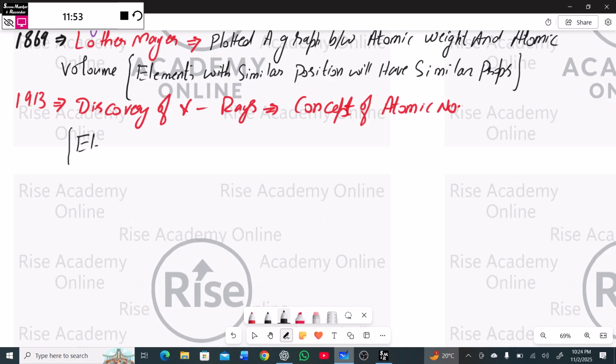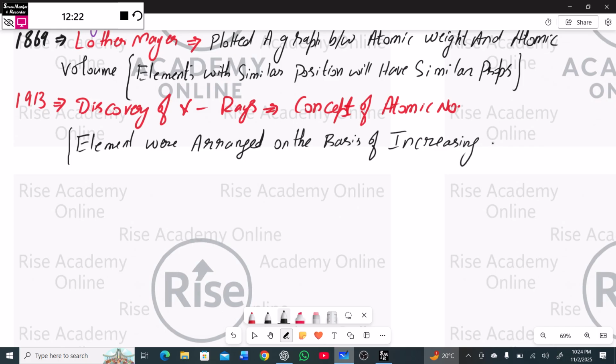Now elements were arranged on the basis of increasing atomic number.